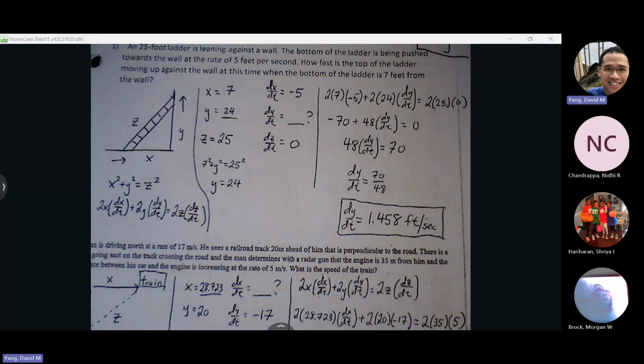All right, average velocity. How do we define average velocity? Change in position, good, over change in time. How do we define average acceleration? Change in velocity over change in time, right?